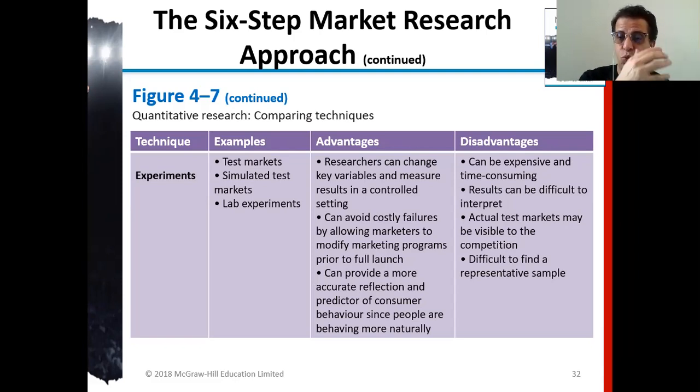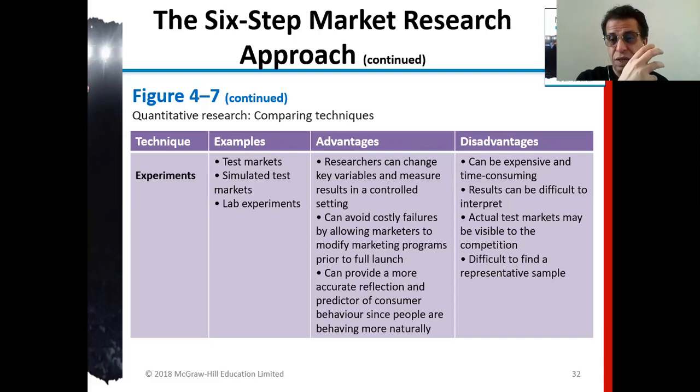It is set up in a way that all other variables are stable, and you're comparing A to B, or A with variations B, C, and D. The other variables are stable, so the marketer cannot change them, and it can provide a more accurate reflection and prediction of consumer behavior, since the people are behaving more naturally. You put them in a natural situation and you test them.